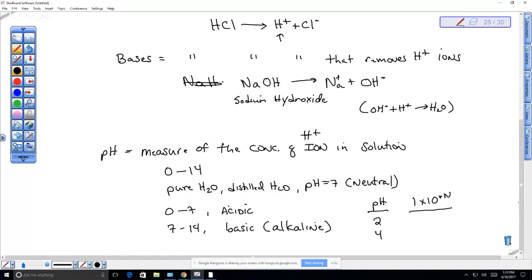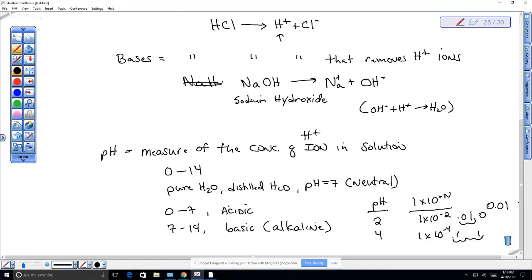So if I go 1 times 10 to the negative 2, if you remember your math, this means that I move the decimal 2 places. So it's actually 0.01. Now 1 times 10 to the negative 4th, I have my 1, and I move it 1, 2, 3, 4 places.